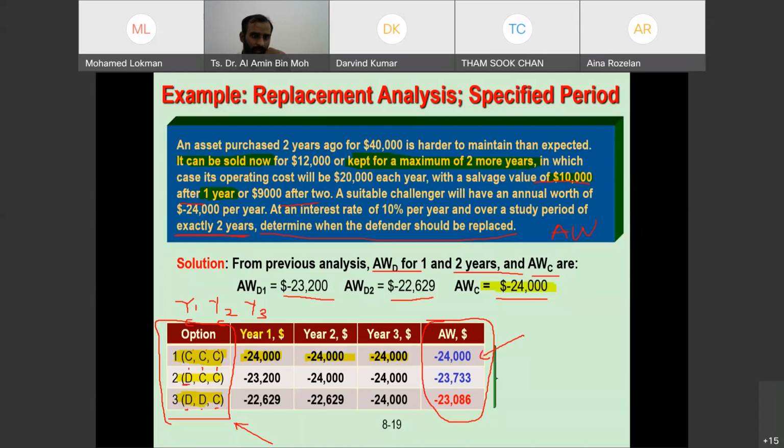We use the defender. So what's the defender's value for year 1? Then challenger for year 2, of course, we only have one value here, 24,000, and challenger 24,000. So we calculate the average, then you get this value.